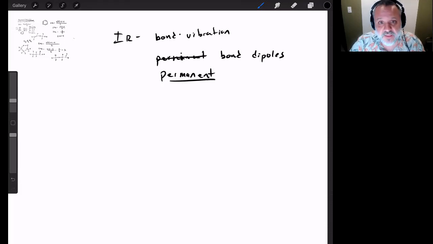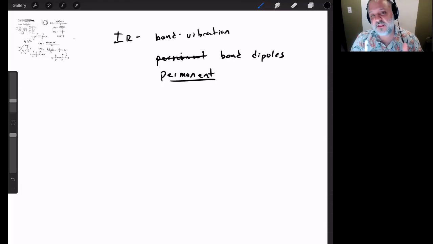At the end of the day, if you expose a molecule that has bonds with permanent dipole moments, then the bonds in that molecule will vibrate in particular patterns. And the patterns of vibration will absorb some of the energy in the IR light.